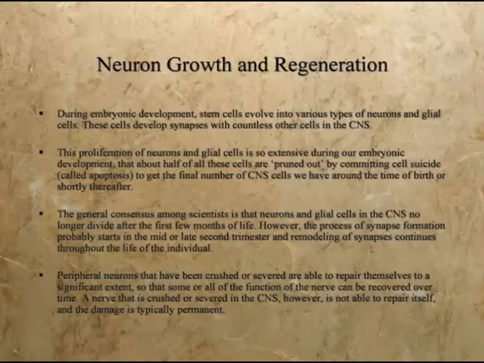As you can imagine, scientists are very interested in this phenomenon of apoptosis, as it seems to play a role in progressive neurodegenerative diseases, as well as a role in pruning out cells when we're still in utero.